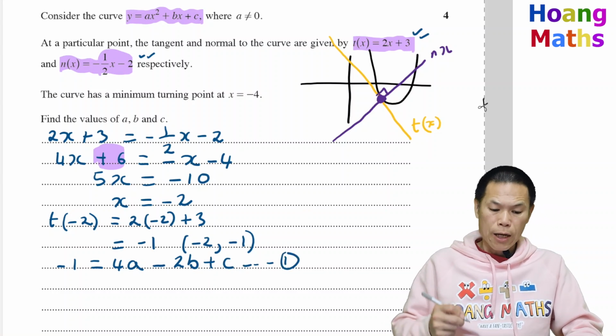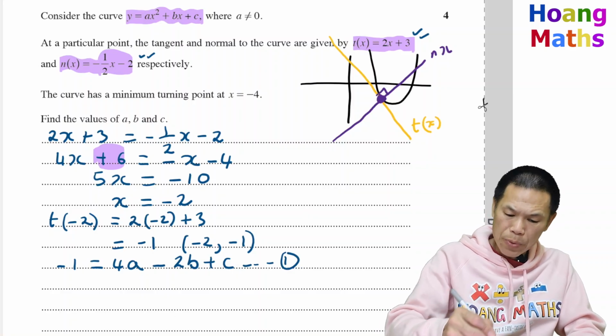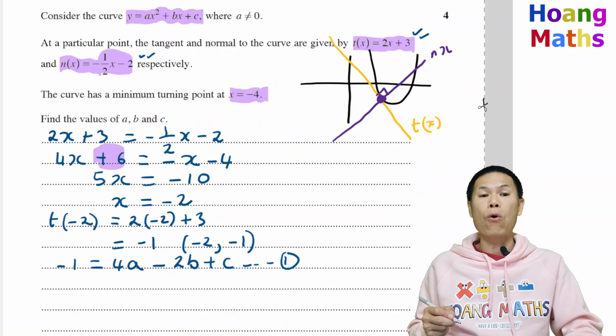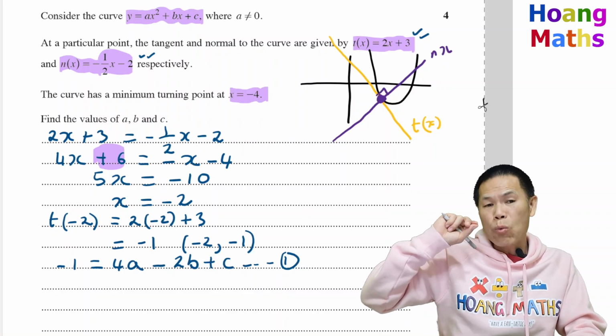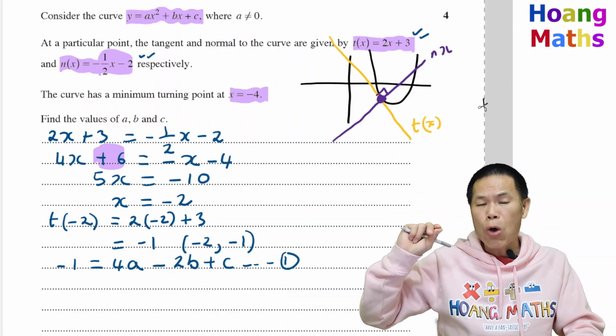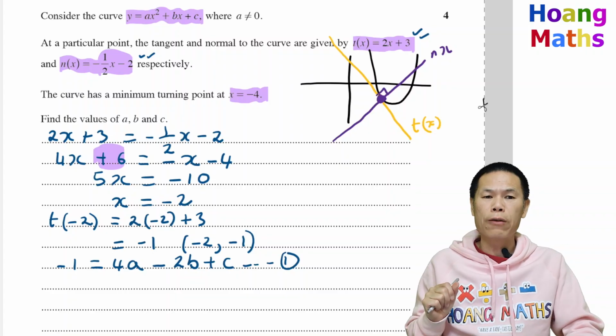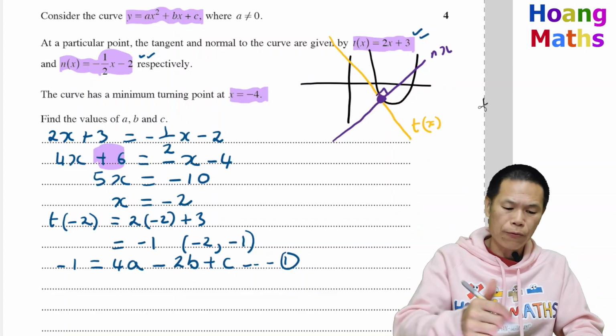We have equation number 1. Keep that in mind. Then we know that the minimum is at x equal to negative 4. Minimum means y dash is equal to 0 at x equal to negative 4. So let me just differentiate the curve first.